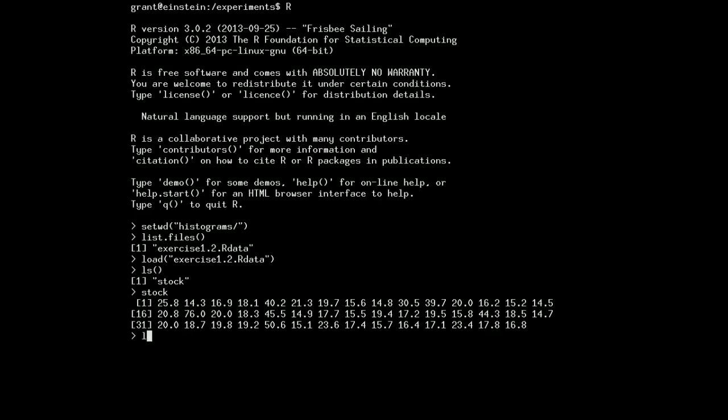So let's see if we do the length of our stock variable. Sure enough, that has 44 data entries in it. And so now, let's see what a histogram looks like. R is a wonderful program. It's got functions built in for you. So if we just type hist of stock, that will draw a histogram for us.